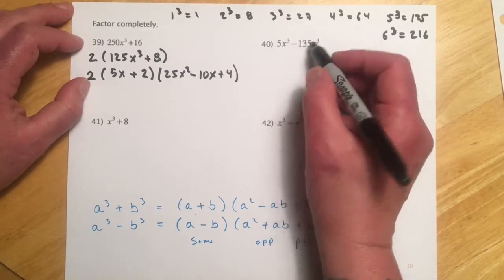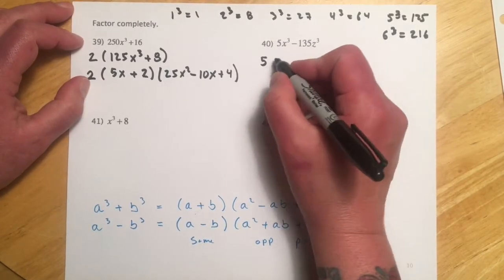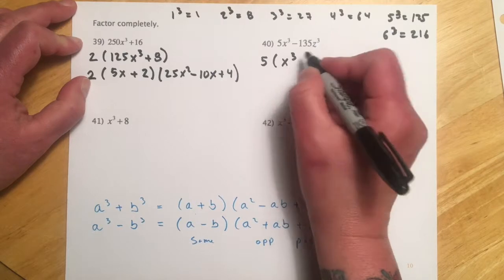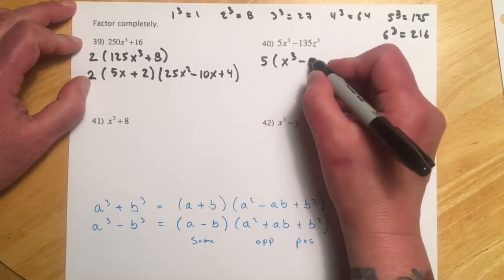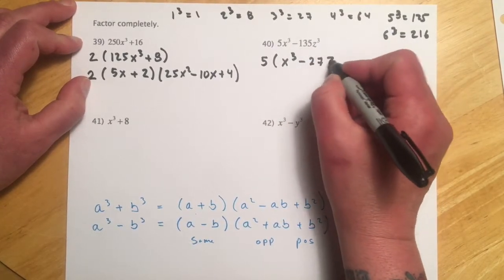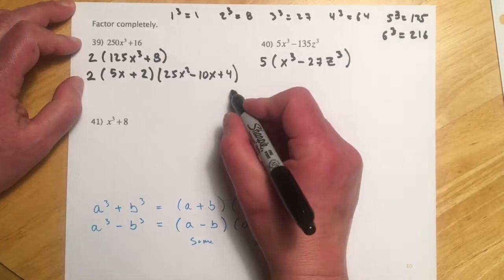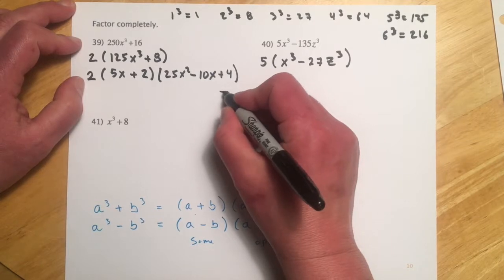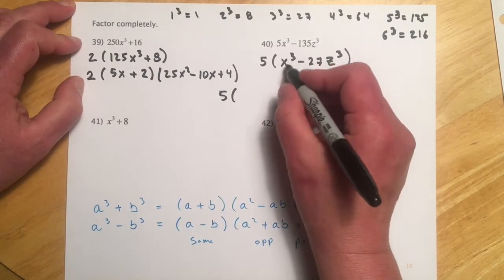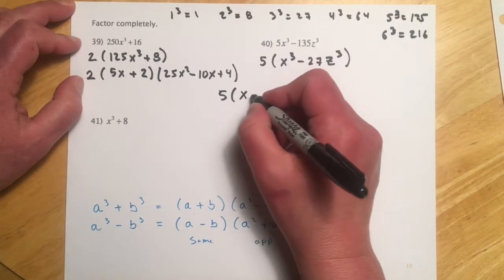So I can take a 5 out of here. It's going to give me 5 and then x cubed minus 27z cubed. I'll start this over here so I have a little more room to write. Then I have my 5. X cubed breaks down to x.